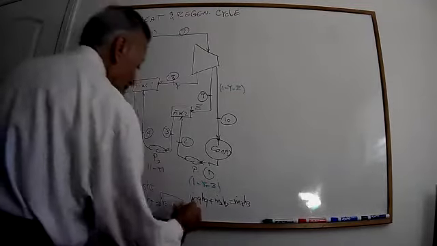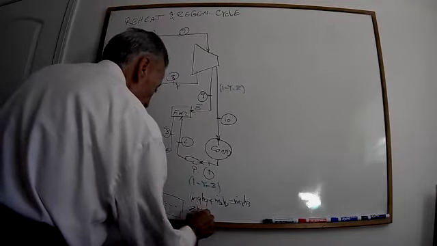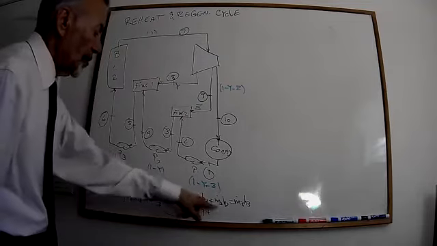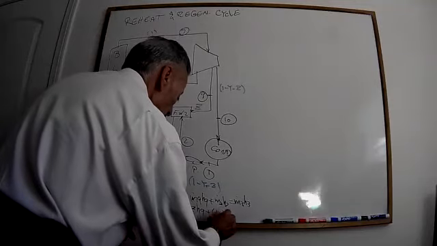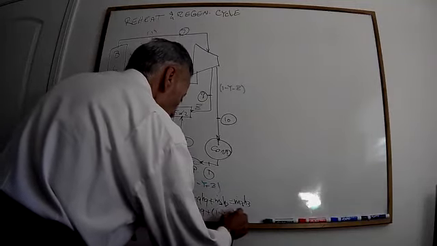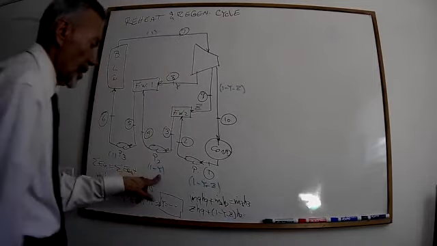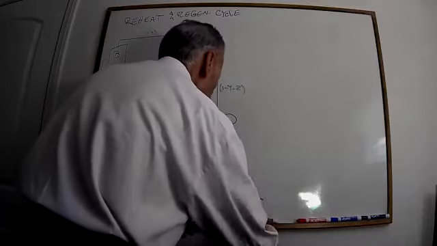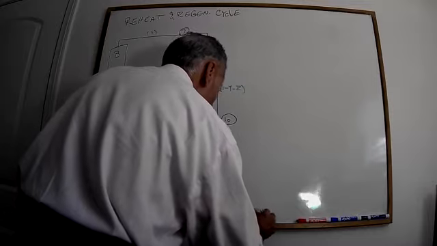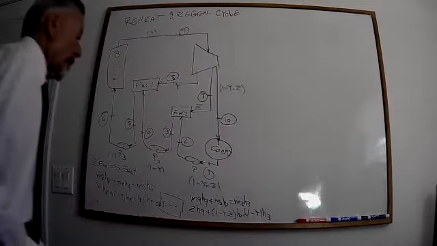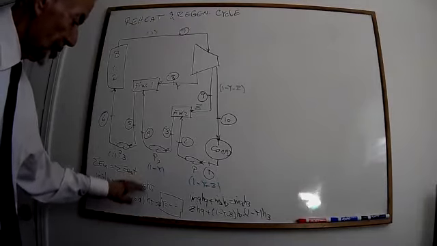Now, M9, you call that Z, H9 plus M2, which is 1 minus Y minus Z, times H2, and M3 is 1 minus Y. Now you have already found the value of Y from this relationship.